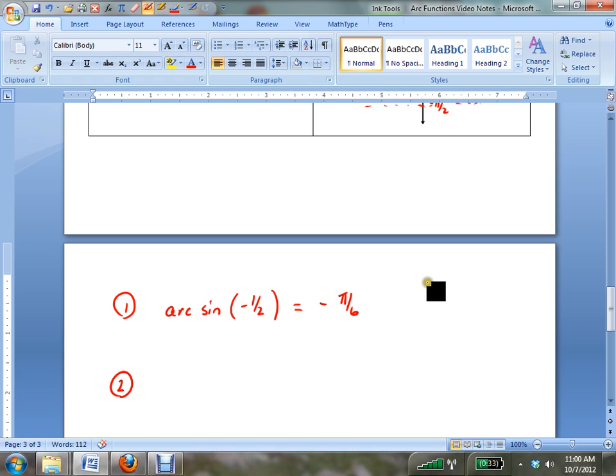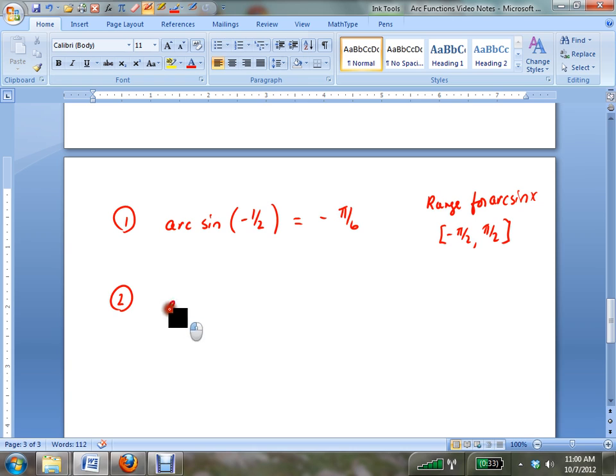That is because the range for the arcsine function is going to be negative pi over 2 to positive pi over 2. So I have to choose negative pi over 6.